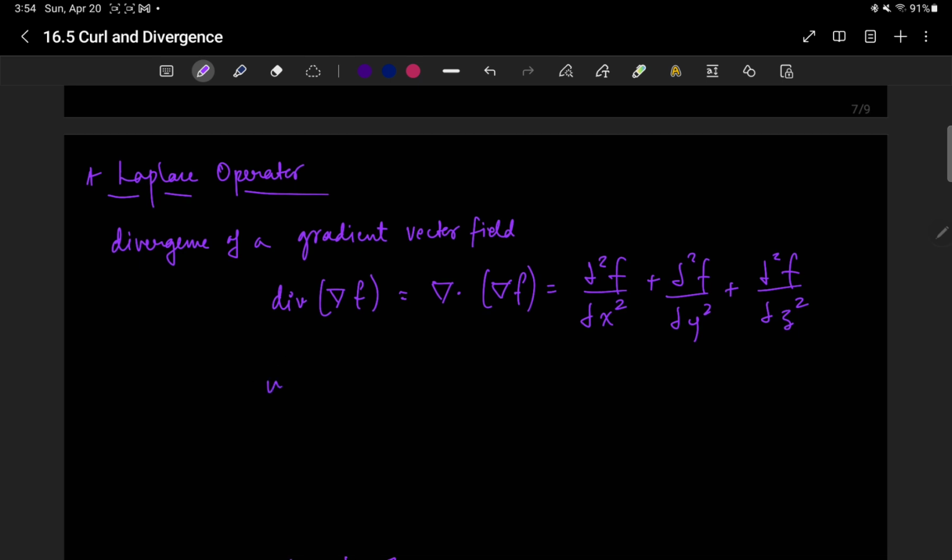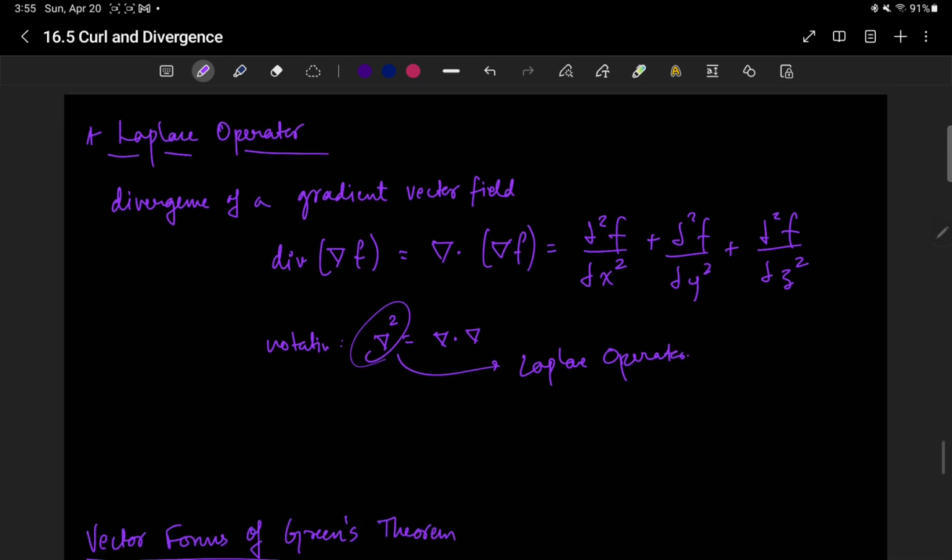We have another notation for this, which can be written as del squared, which is basically del dot del. This operator is called a Laplace operator, and we can think of this itself as another operation. So if I have del squared of f as a vector field, it basically means del squared P i cap plus del squared Q j cap plus del squared R k cap in each of the three directions.